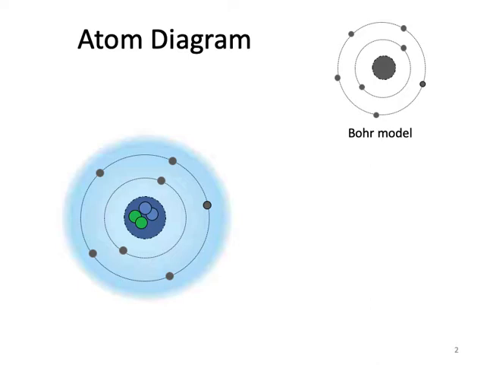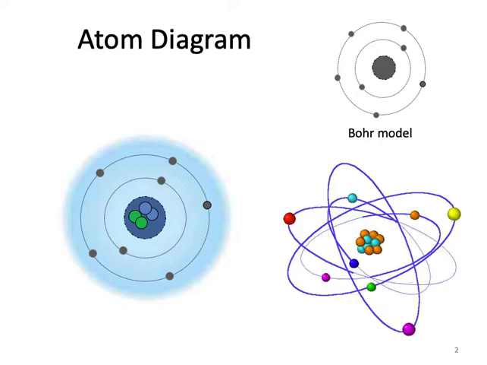Whichever orbital an electron is in, it will have a certain amount of energy that will keep it a certain distance away from the nucleus, and it will always stay about that distance, but it won't be going in circles, just in a plane. The electrons will be buzzing around in all different directions. As long as they stay about the same distance from the nucleus, then they're good. And so an atom would look more like this diagram on the right.